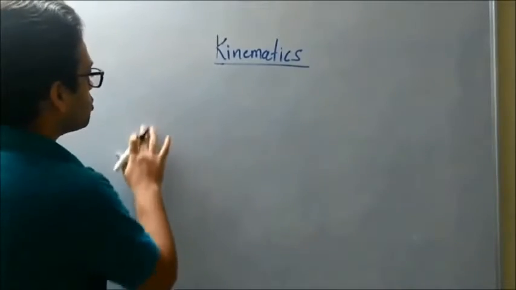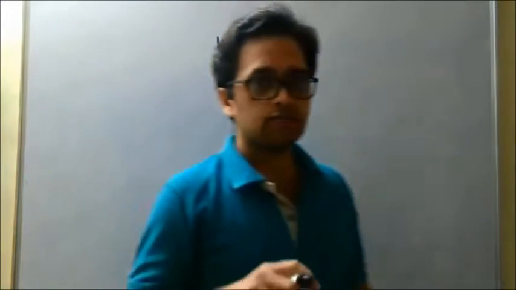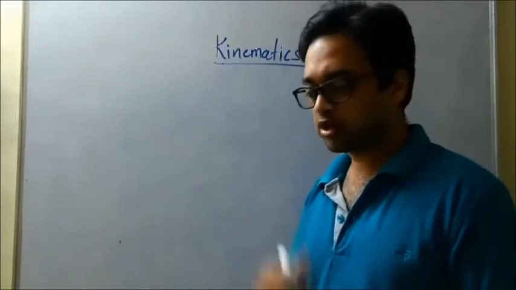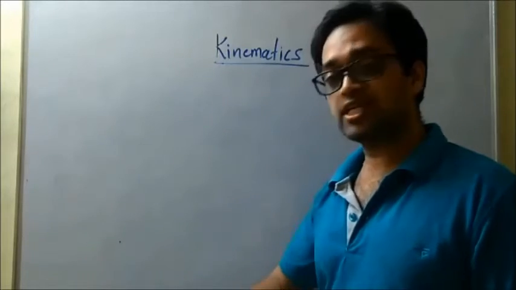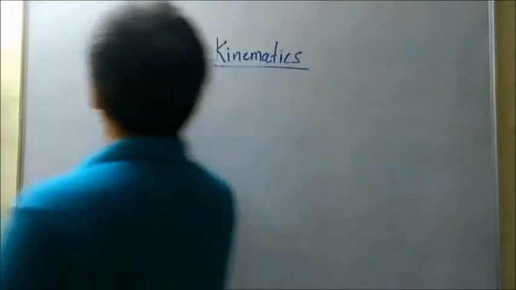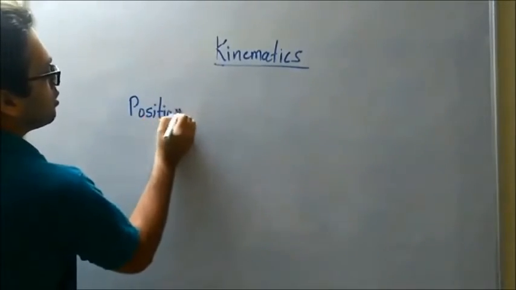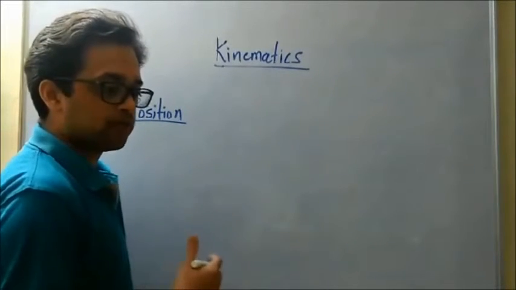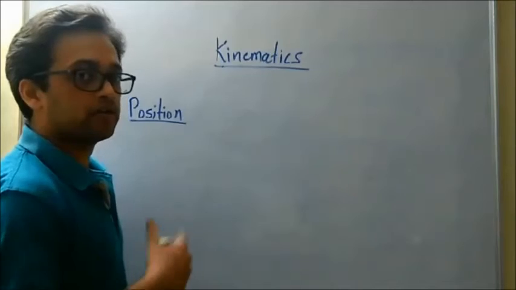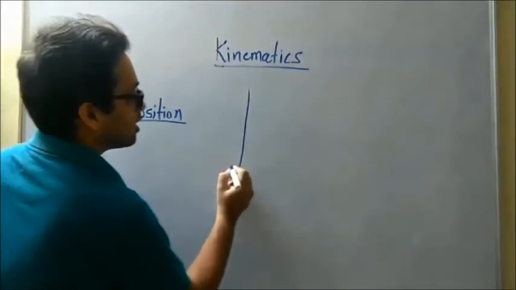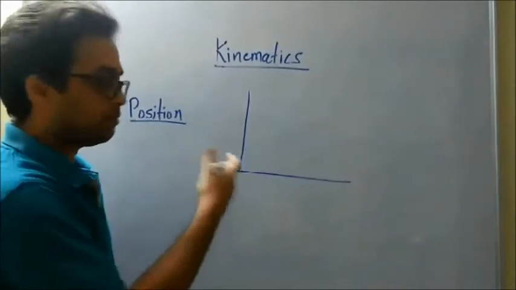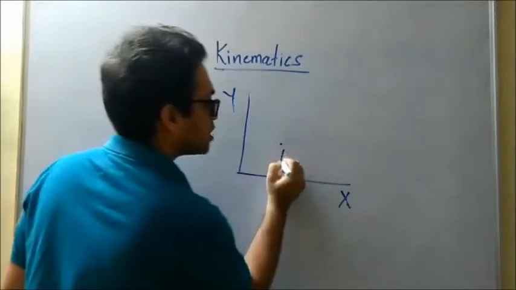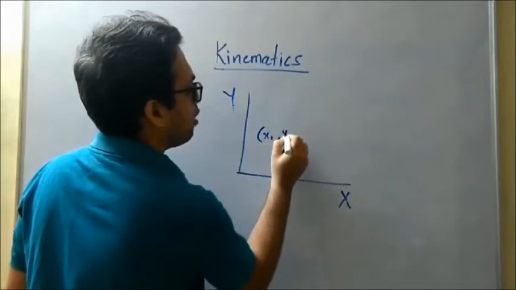So the first thing that you should think about is, when an object moves, it moves from one position to another position, right? That is how the motion is described. The object changes its position, that is called motion. So what is position? If you just think of your Google Maps, or how you specify the location on Earth, we specify it through latitude and longitudes, right? So position is basically, if you put it on two dimensions, x and y, position A can be specified as x1 comma y1.